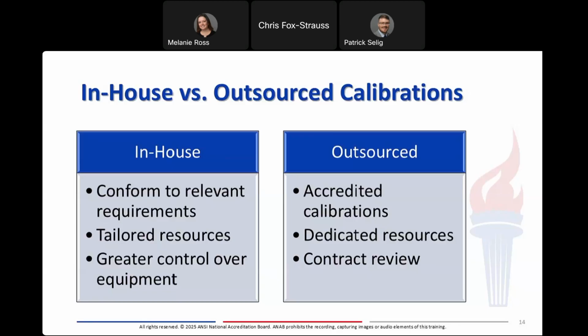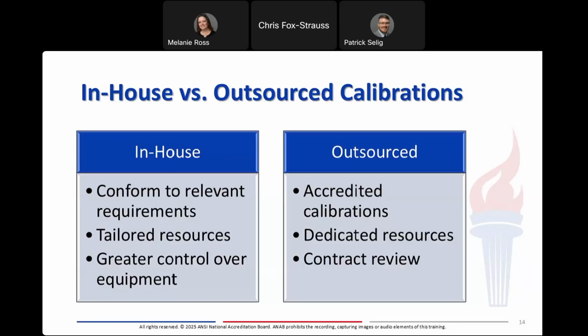However, there are benefits as well for outsourced calibrations. This will ensure, if your calibration service provider is accredited, that your calibrations comply with the requirements and that your equipment will provide the necessary metrological traceability and have measurement uncertainty associated with those calibrations.